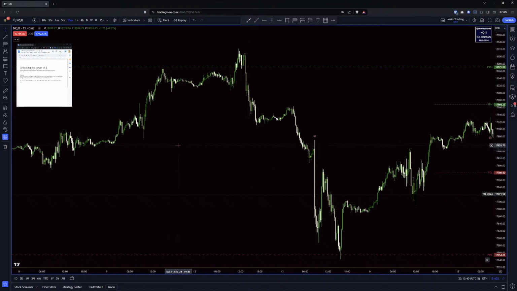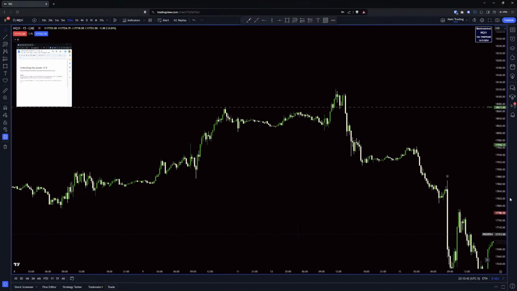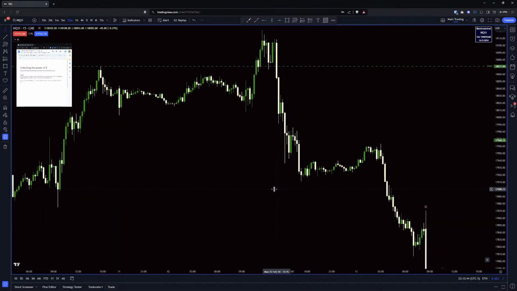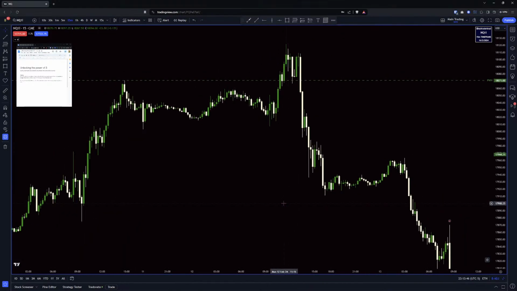So let's go to Sunday. Okay, this is a 15-minute chart. 15-minute is what I'm going to stick with unless it's some crazy move where the accumulation leads to a retracement. You could even predict that retracement, but the retracement usually I'm going to predict on the 1 minute.